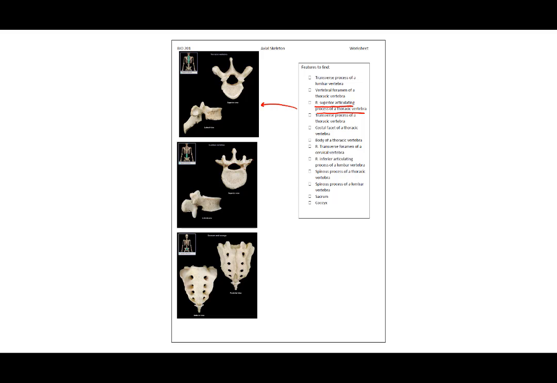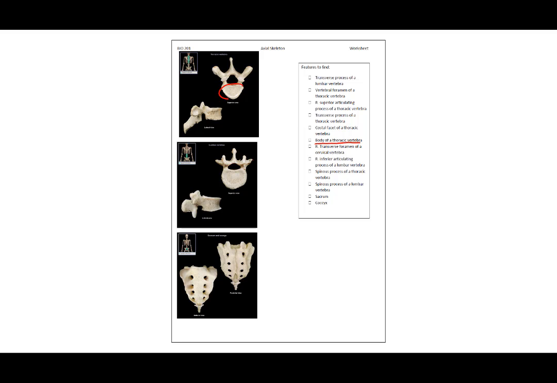So we're going to look in this picture, and the superior articulating process we can see from the side view. The transverse process of a thoracic vertebrae, that is these two regions. The costal facet is actually found on the anterior surface of these transverse processes, because that's where the ribs butt up against and brace themselves.